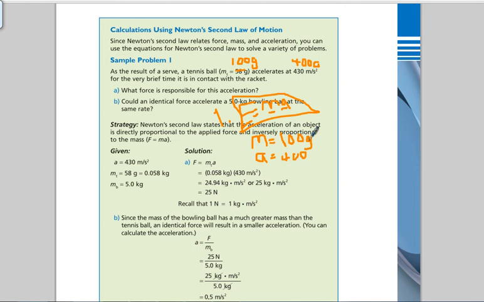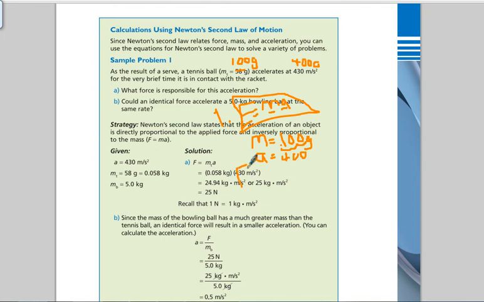Now with the mass, because it's in grams, we want to change that to kilograms. The easiest way to do that is just move the decimal to the left 3 times. 1, 2, 3. So we have 0.1 kilograms, and the acceleration is 400 meters per second squared.